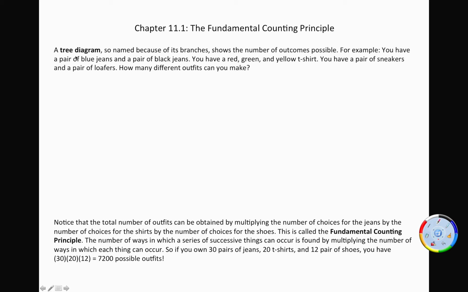Well, a tree diagram can help us determine that. And each branch is for jeans, shirts, and sneakers. So let's start our first branch saying that we have blue jeans and black jeans.